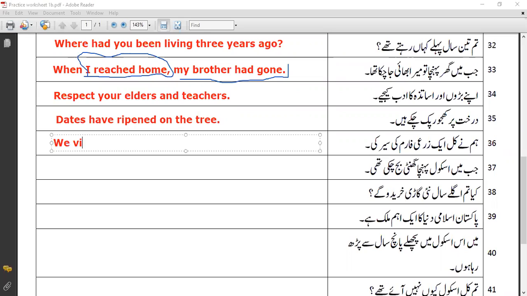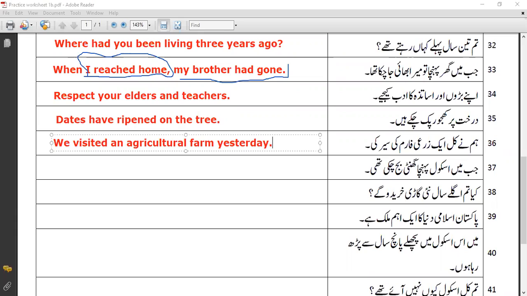You can write we visited an agricultural farm yesterday.